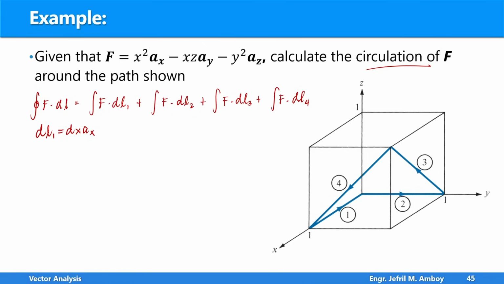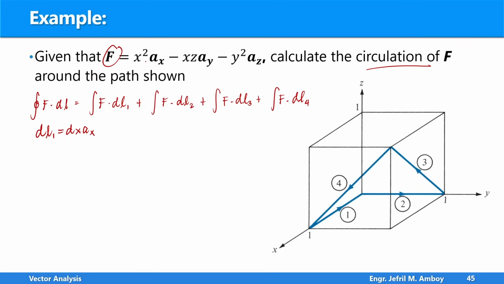Now, for the first line integral, we will get the dot product of F and dL1. If we dot F and dx ax, what will be left is just the vector component for ax. Why? Because ay dot ax is 0 and likewise ax dot az is also 0.